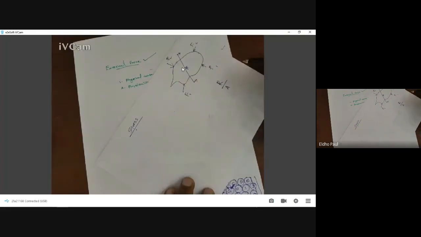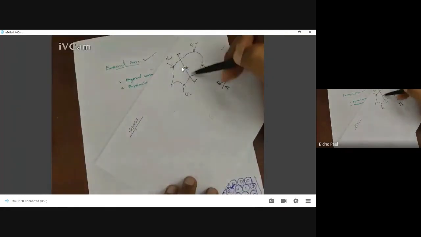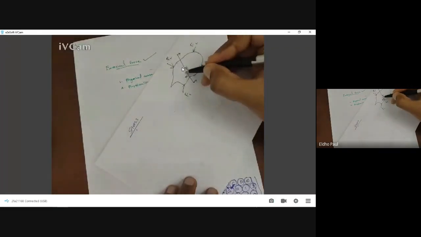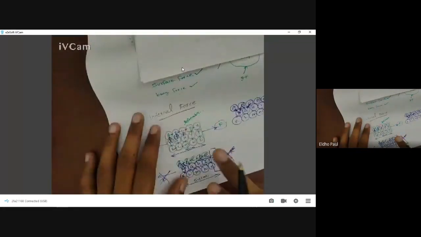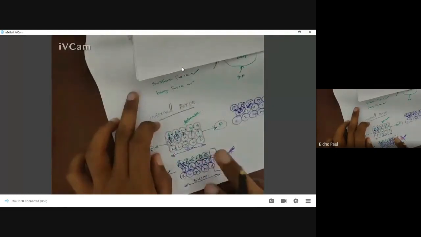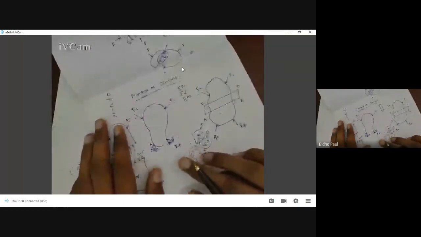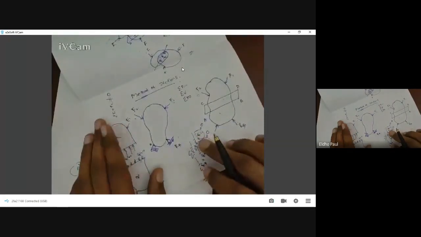But my definition is that under the influence of this external force, across the cross section A, there will be some internal force developed. We already learned how to calculate the internal force using the method of sections.